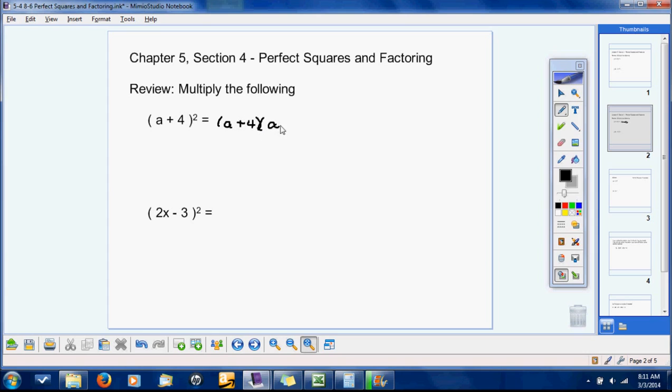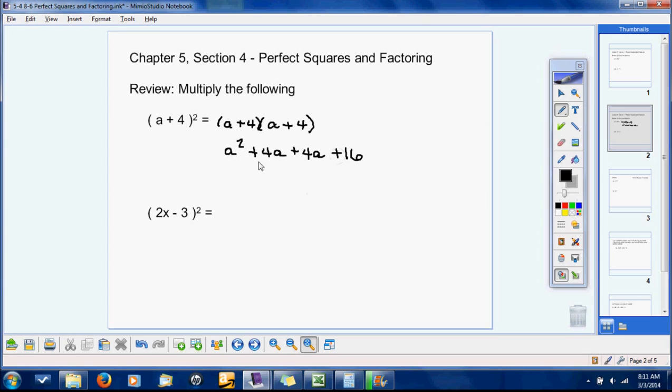times a plus 4. Which means when we begin to multiply it out, we take a times a plus a times 4 plus a times 4 plus 16.